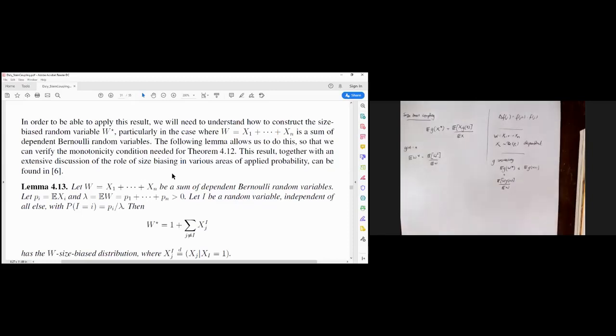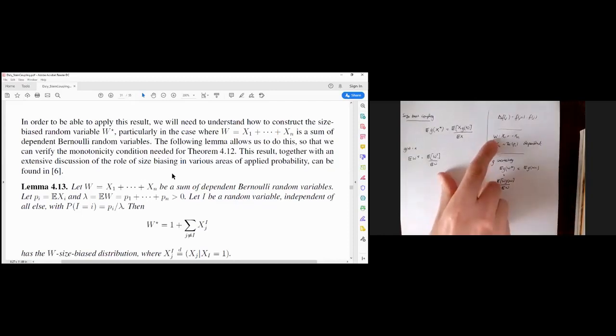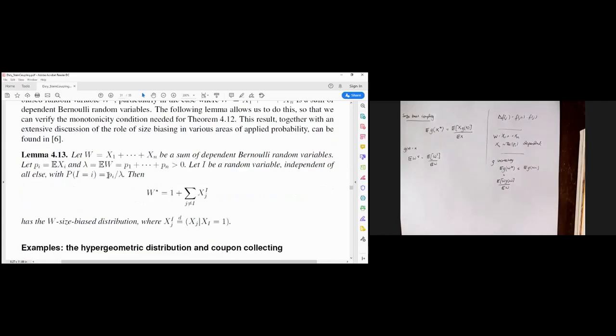inequality between them. If I want to do that, and I want to think about the example where I've got a sum of dependent Bernoullis, then I'm going to need to think about how to size bias a sum of dependent random variables. But we can do that, which is good. There's a result whose proof I'm not going to give you, but it's actually not too terrible.